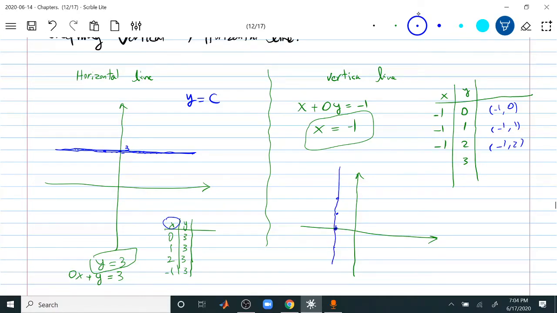The vertical line that passes through the point x equal to -1. This is the point x equal to -1. So these are the simplest cases, vertical and horizontal lines. The vertical line has the form x equal to some constant. In this case, that constant is -1.